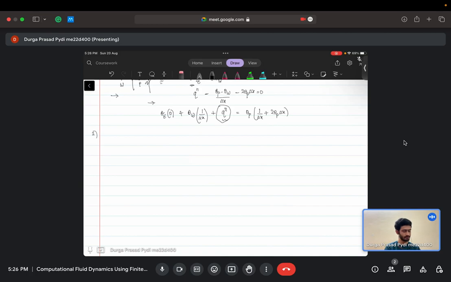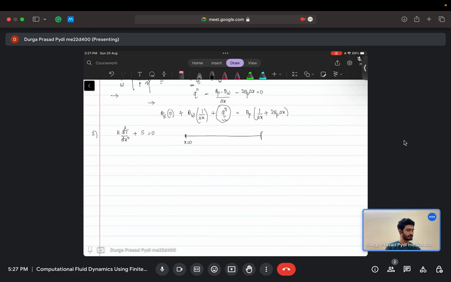Our governing equation is k times d square T dx square plus S equals 0, where both k and S are constants, and we have boundary conditions on the left face. If I just draw a domain like this, this is my left face, x equal to 0.